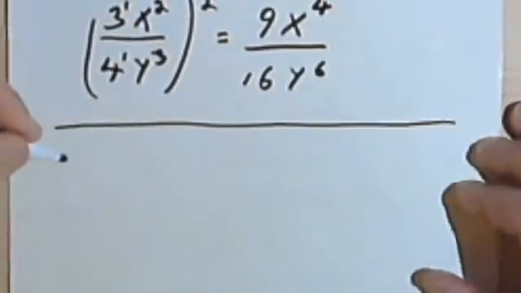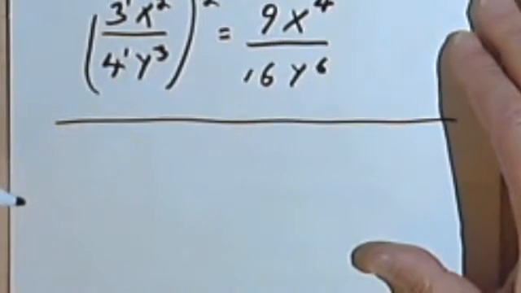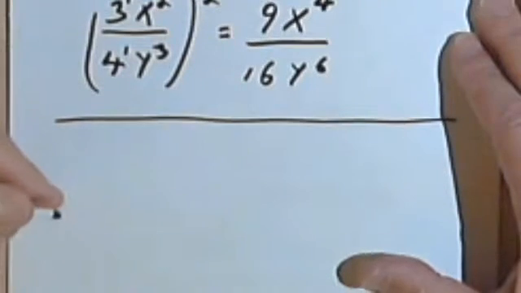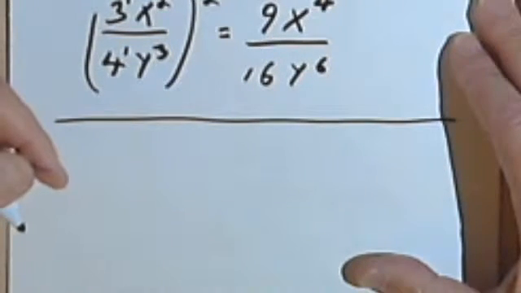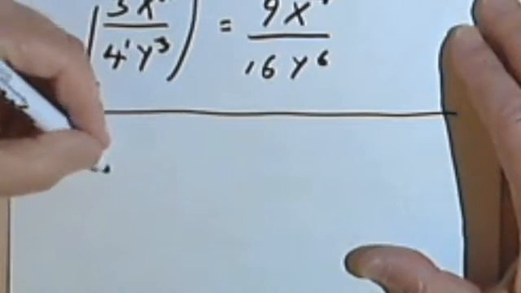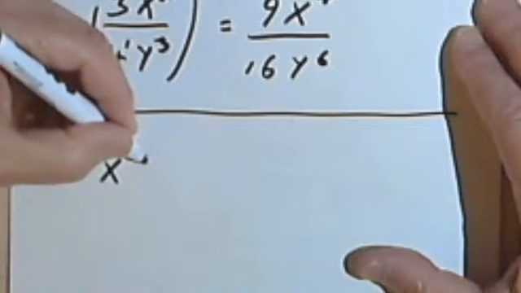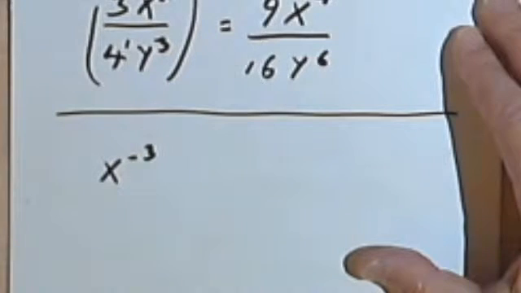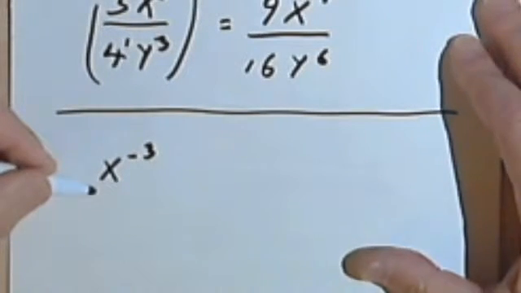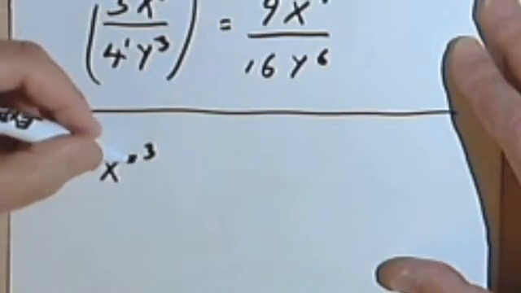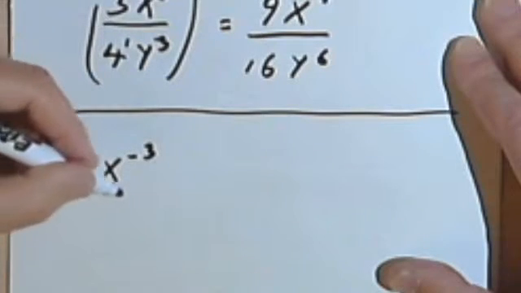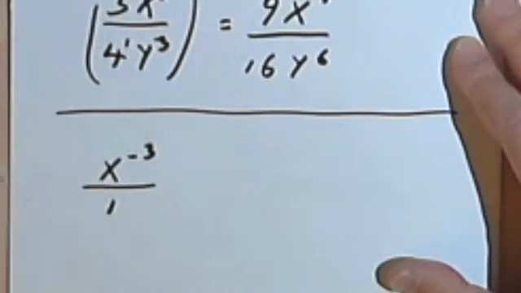The last rule I want to talk about is what you do with a negative exponent. And I'll do a separate video in general explaining what negative exponents really are. But if you're given something like x to the negative 3, and you have a negative exponent in the numerator of a fraction, so let's actually write this as a fraction.